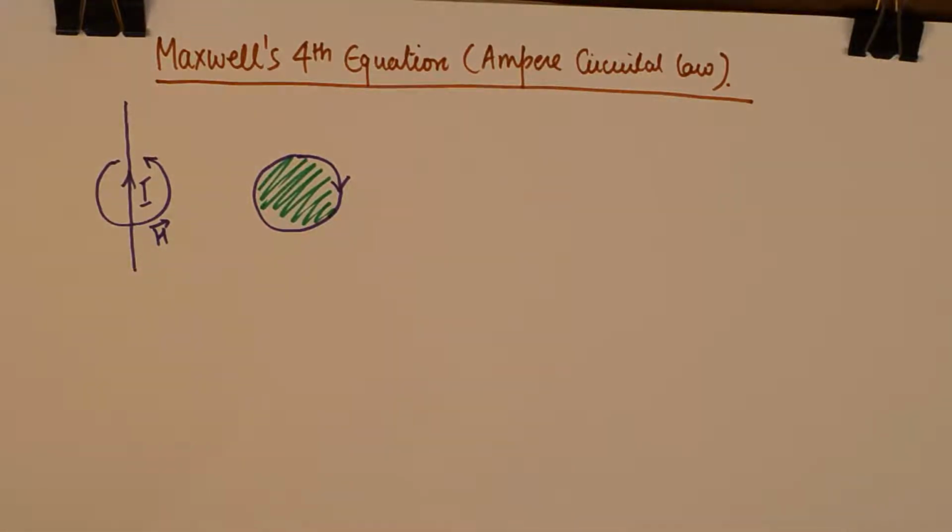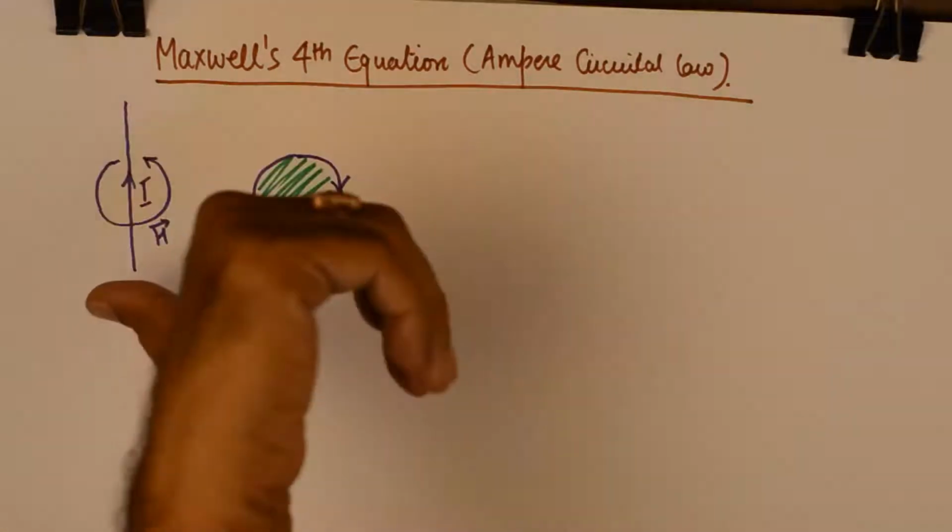Now please understand, the curling of H cannot happen just like that. So this is more of a hypothetical situation, but assuming that curling of H happens out of nowhere and it is curling in this direction.